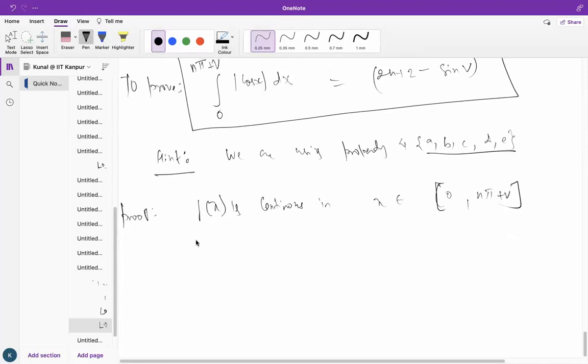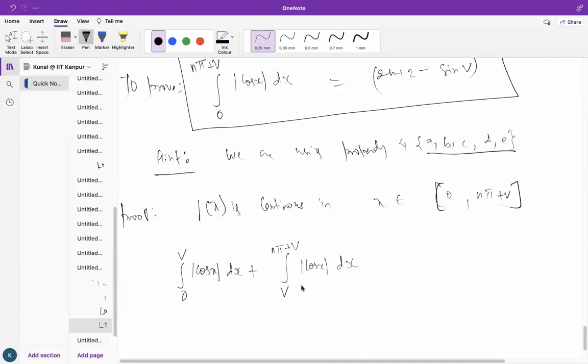Let me break this given integrand into two parts, which look like this: we are integrating from 0 to v mod of cos x dx plus v to n pi plus v mod of cos x dx. Right, we can do this. And then again do one thing.